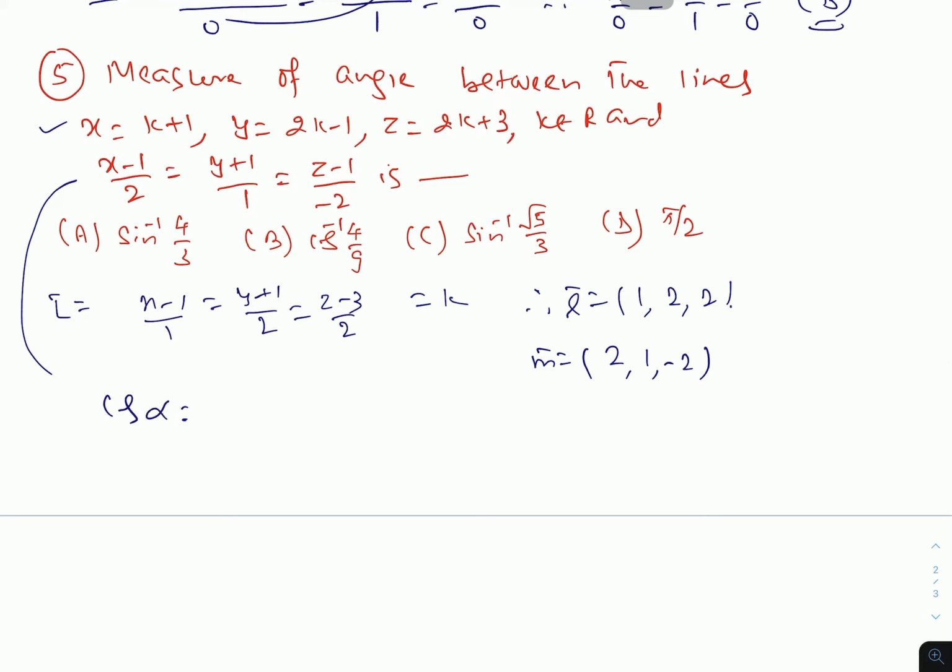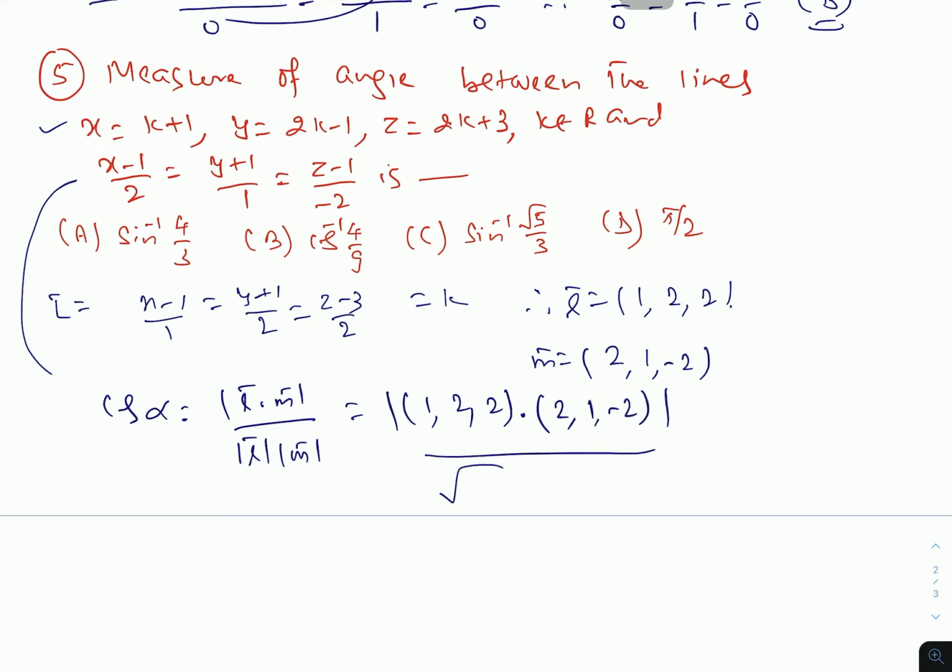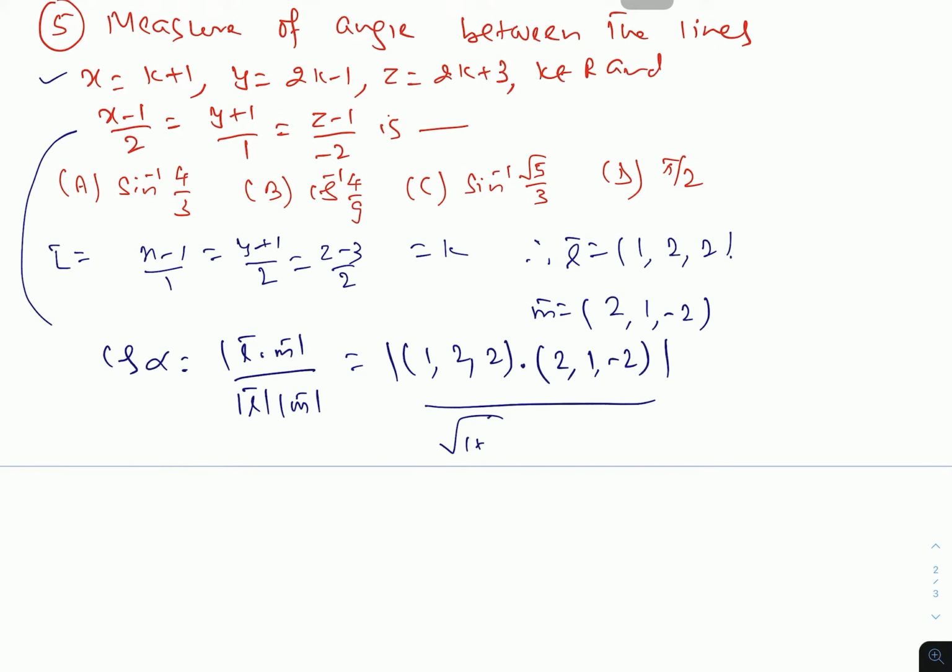Okay, and we know that what is cosine alpha? If alpha is the angle, then modulus of L dot M over magnitude L magnitude M, that is the formula. So this is 1, 2, 2 and its dot product with 2, 1, minus 2, and magnitude L is root of 1 plus 4 plus 4, and here it is 4 plus 1 plus 4.